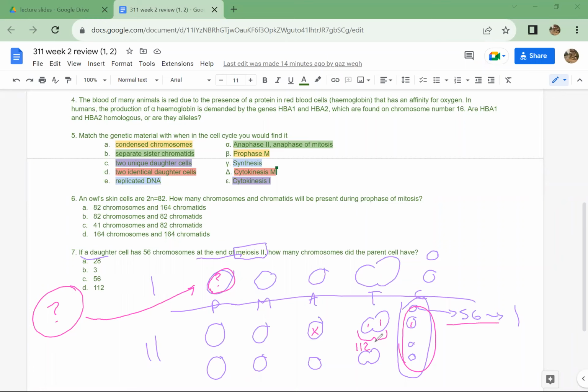The daughter cell is 56 at the end of meiosis 2. Just making sure I read the question properly. Yeah, so we have 112 chromosomes here. Oh wait, no, that's not right. Oh, that's better. This is anaphase, they split apart.